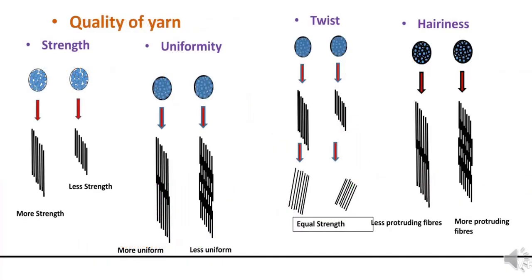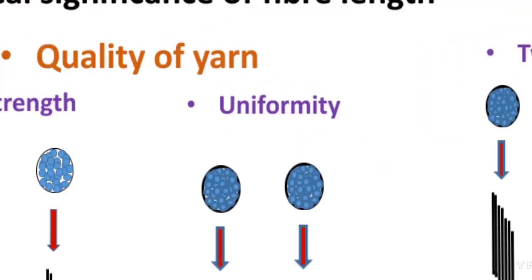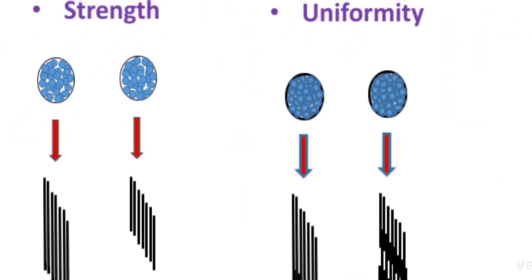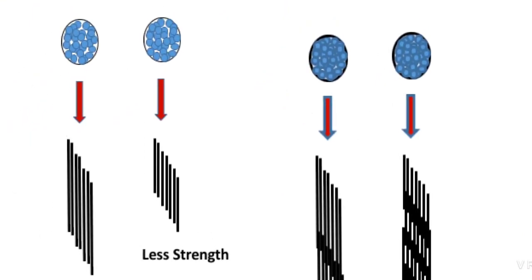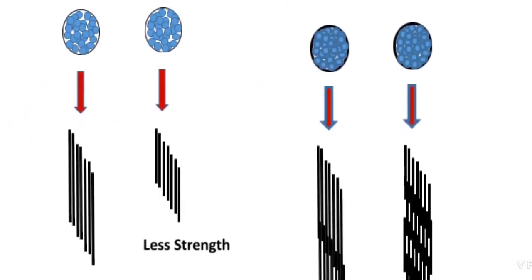Under spinability, the second factor is quality of yarn. Quality of yarn is decided by its strength, uniformity, twist and hairiness. In the first picture, if you just concentrate over here, as has been discussed in the previous slide, if we have to spin a specific count, I have shown here the same diameter.